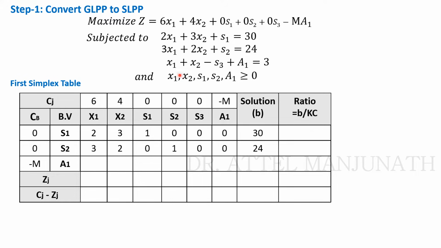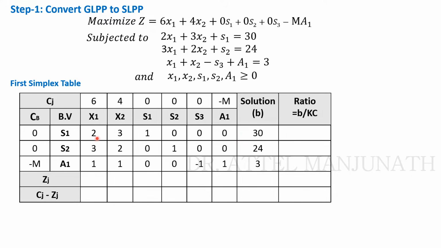Then the last constraint, that is x1, x2 minus s3. So 1, 1. Here you don't have s1, you don't have s2, so you can take it 0, 0. And here you have s3, and that s3 is not a positive value, it is a negative value, so write down minus 1. Whereas for the artificial variable it is 1, so write 1 here. And the solution value here is 3, write 3.